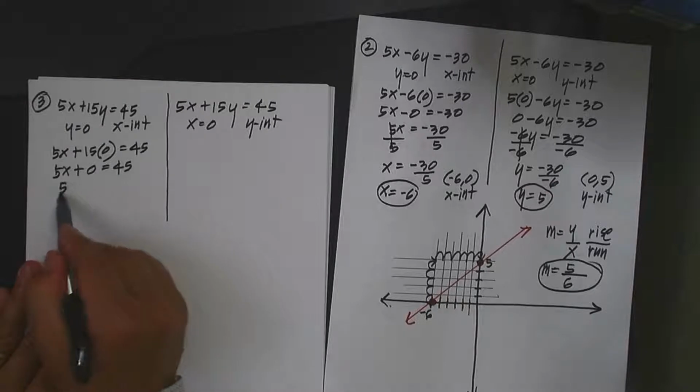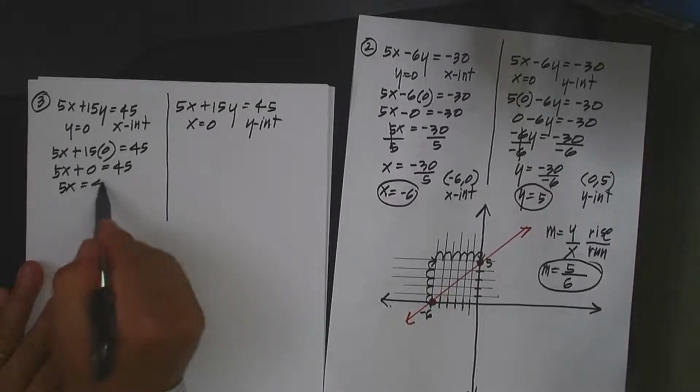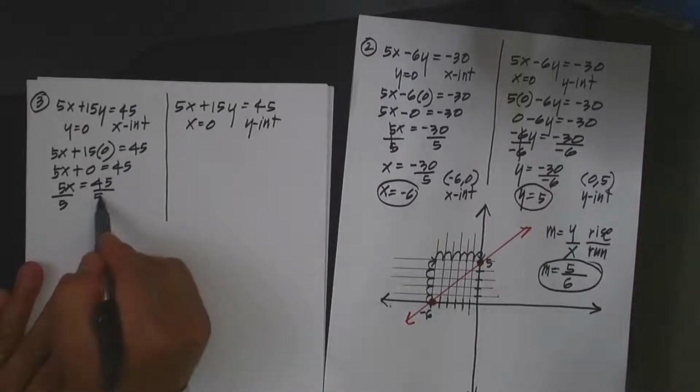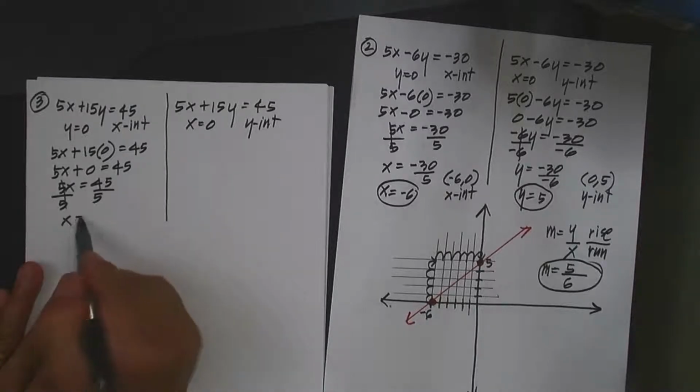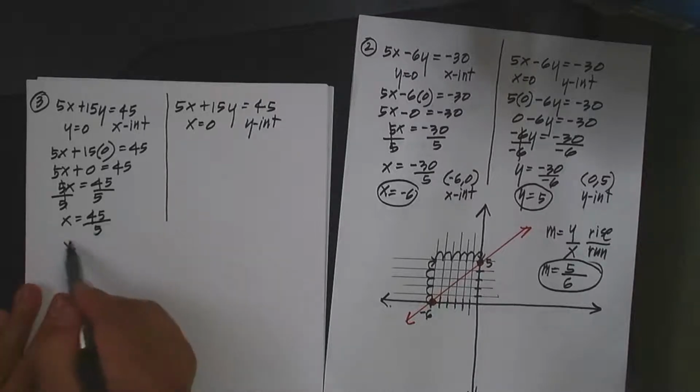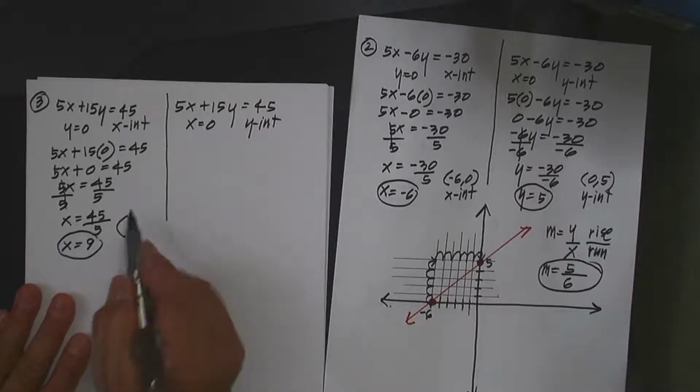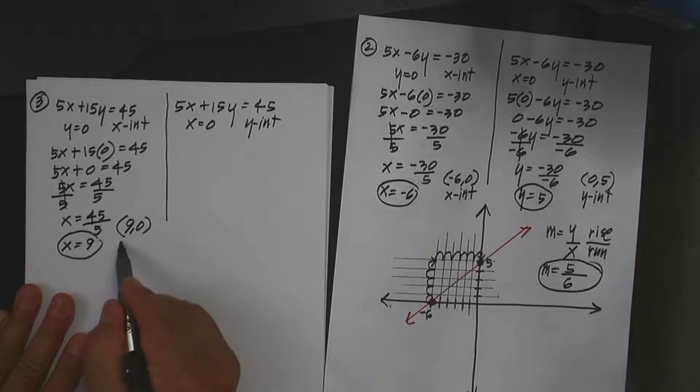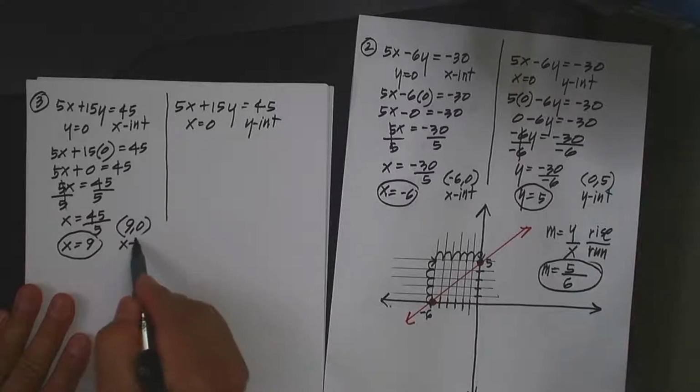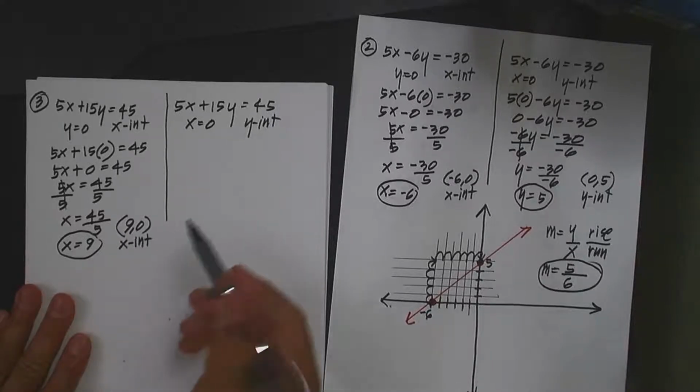And then 5x is equals to 45. Then you divide both sides by 5. You cross it out. So x is equals to 45 over 5, and then x is equals to 9. So therefore, your x-intercept is 9 and 0. That is your x-intercept. Okay?